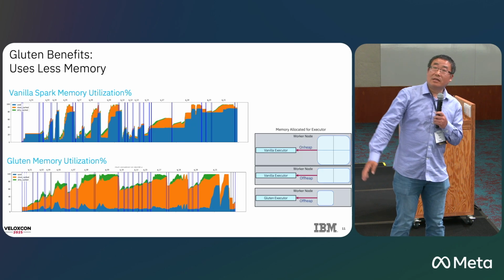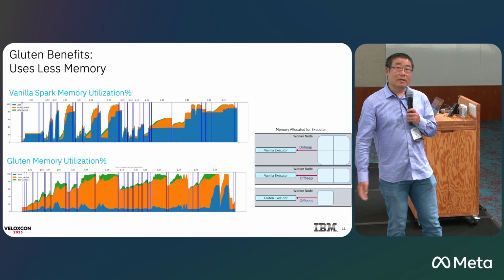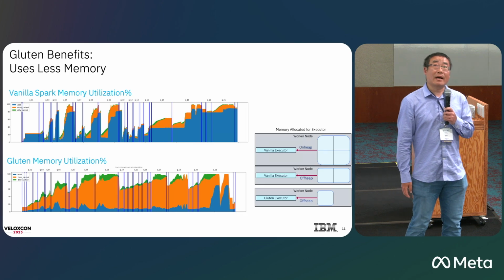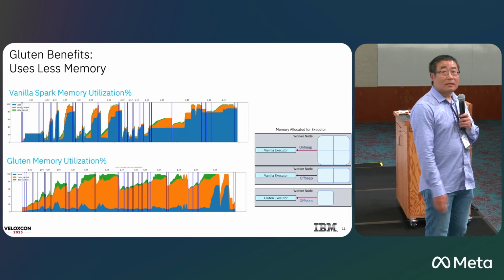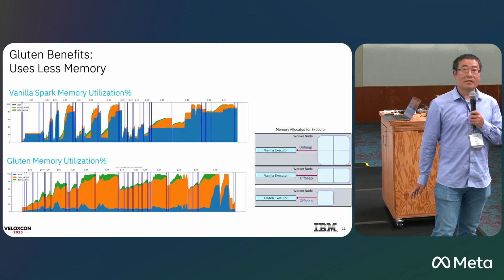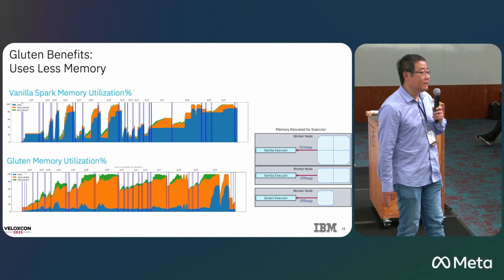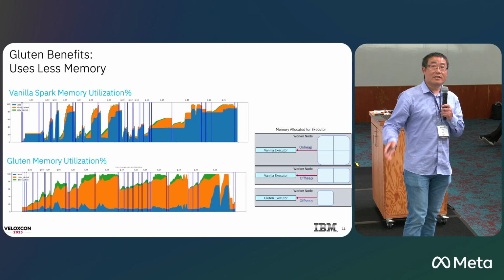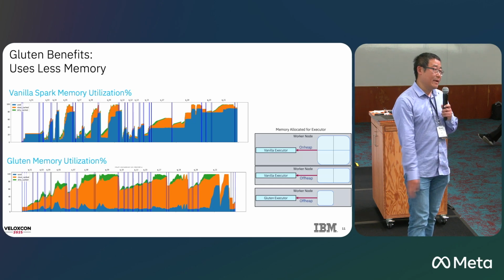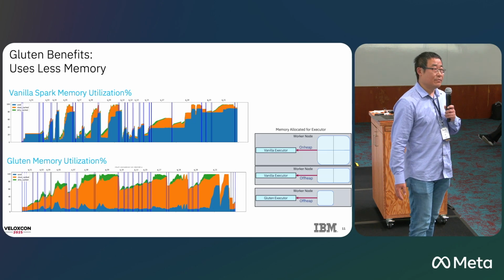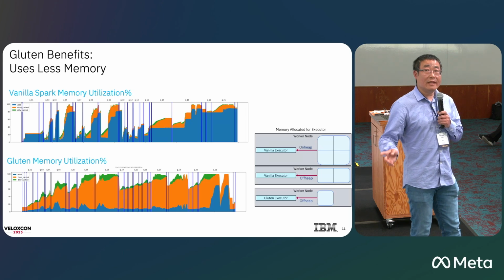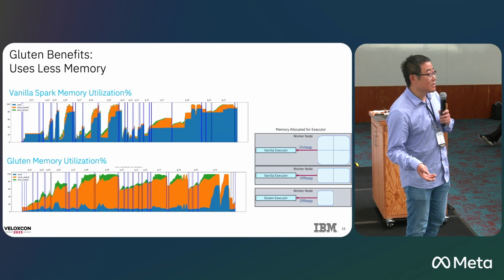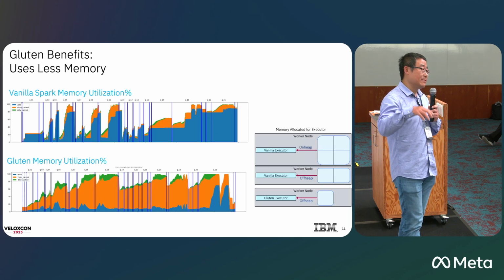Here we use the same partition size for Gluten and vanilla Spark, which means that the customer can configure their executor with half or a quarter of the memory vanilla Spark used. If they configure the same memory, less spill will happen in Gluten, and the performance is boosted again. If they configure less memory for each executor, they can start more executors on the same cluster.